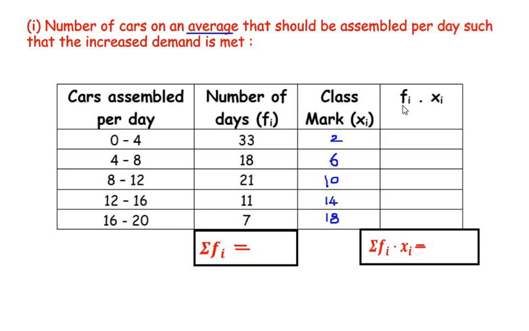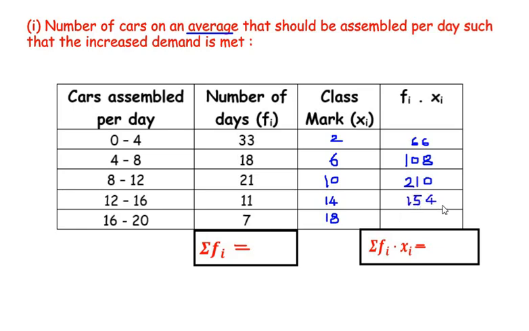Next we have to find out fi times xi. Now fi is 33 times 2 gives us 66. 18 times 6 gives us 108, and 21 times 10 gives us 210, and 11 times 14 gives us 154.